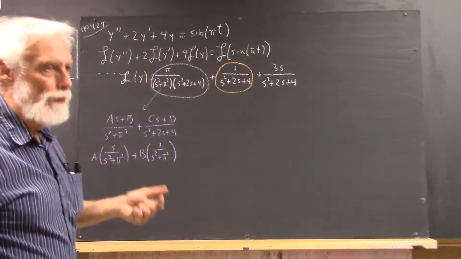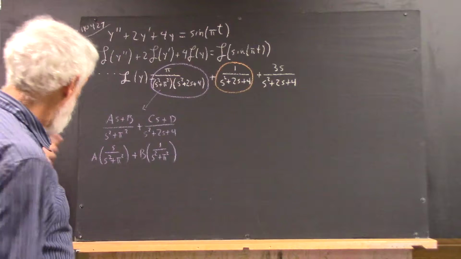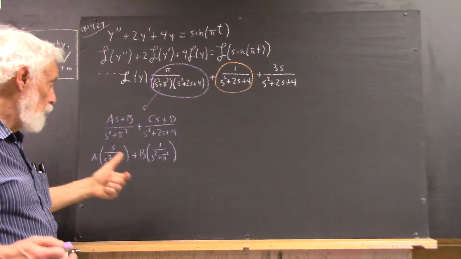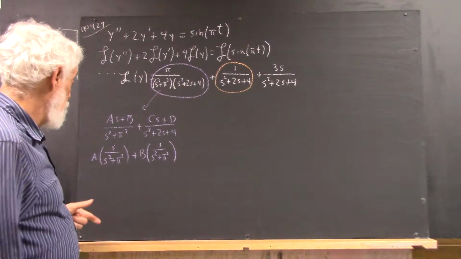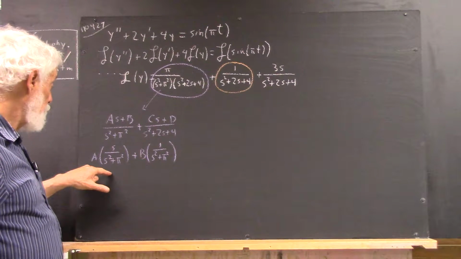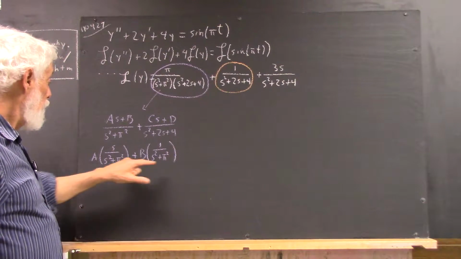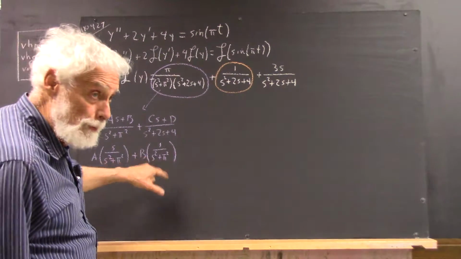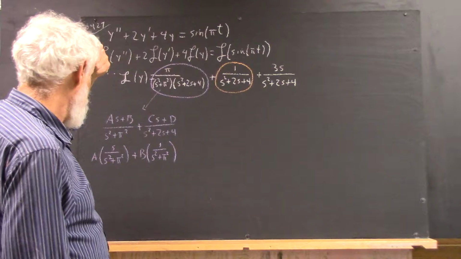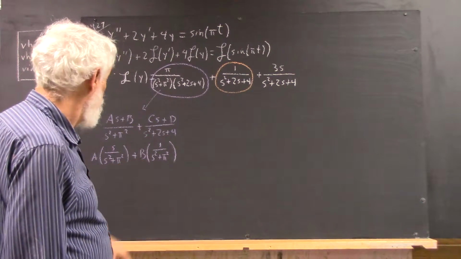Now, if we think about it for a minute, if we've done the integrals, familiar with the way this works out, and we probably aren't quite at this stage, but we will recognize this as the Laplace transform of the cosine of pi t. And we'll recognize this as a multiple of the Laplace transform of the function sine of pi t.